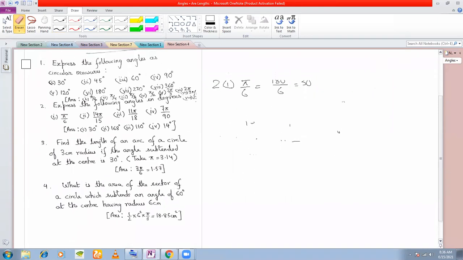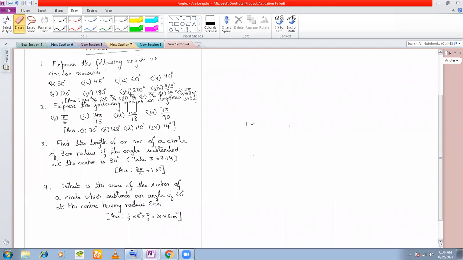The next one requires a little bit of formula here. This is an application of radian measure. Let us say you have a circle such that the radius of this circle is r, and suppose this sector subtends an angle theta.